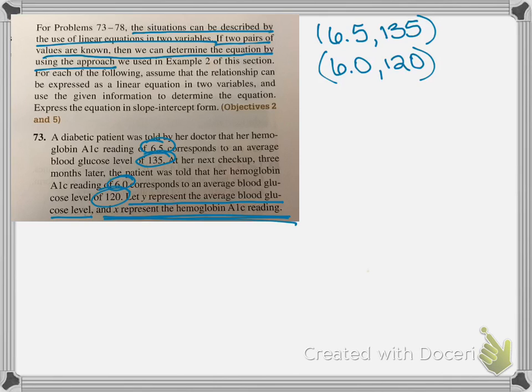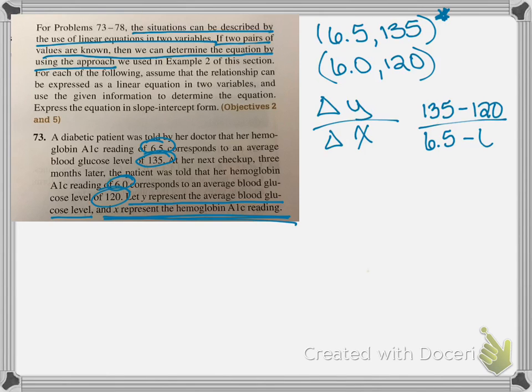So, we are going to find our slope. And you are going to want to grab your phone for this. So we've got our change in Y over our change in X. So I'm going to start with this point. So I have 135 minus 120 over 6.5 minus 6.